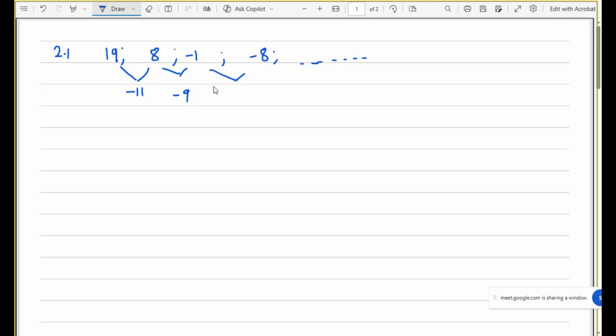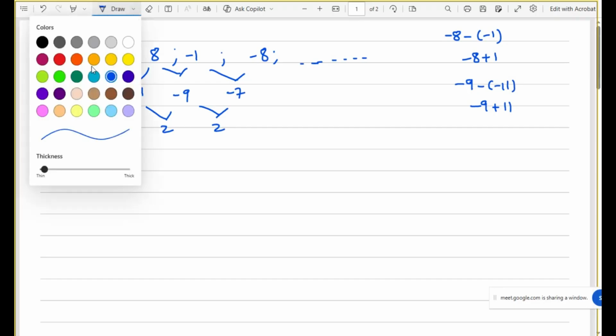Then minus 8 minus minus 1 is minus 8 plus 1, which is minus 7. Then minus 9 minus minus 11 is minus 9 plus 11, which gives us 2. So this is also 2, because these are constant differences, a second constant difference.